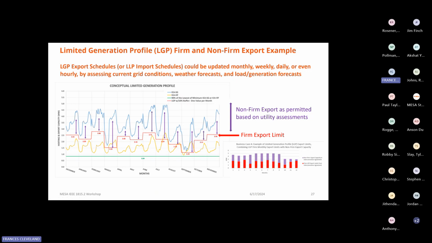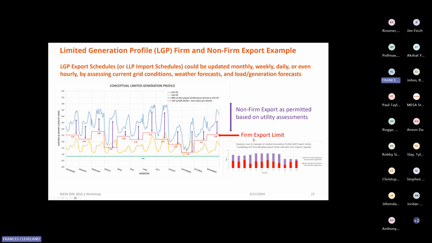History at this point is changing rapidly, but they have historical records, and so they've come up with this red set of requirements, different in December and January than in June and July, for whatever reasons. And that's their firm export limit for a particular customer, for a particular DER facility.